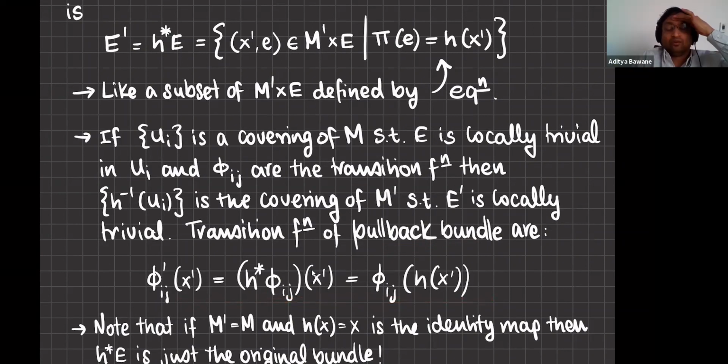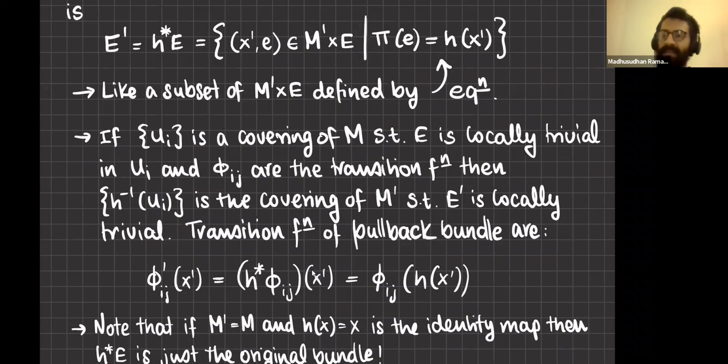I thought that the phi i j's are not just functions that act on the base space. So when you write phi i j prime of x prime, I don't quite understand that. This is kind of misleading.